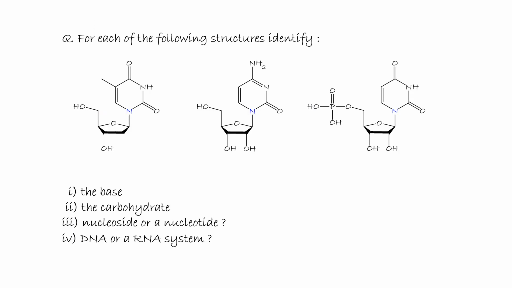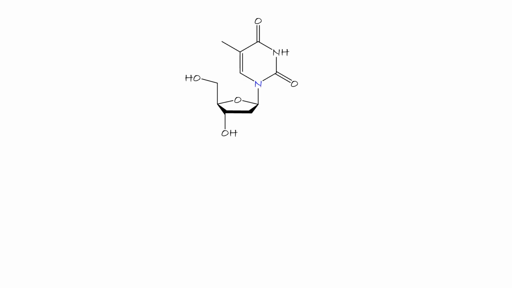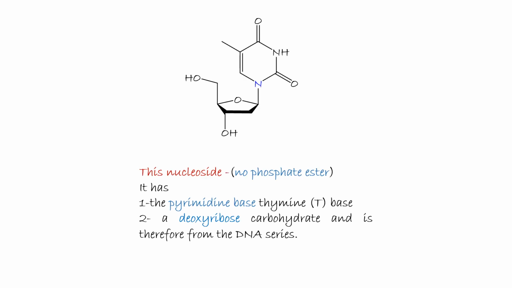For each of the following structures, identify the base, the carbohydrate, whether it is a nucleoside or nucleotide, and whether it is DNA or RNA series. Let's take the first one. Well, we have a base and we have sugar, no phosphate, so this is a nucleoside.